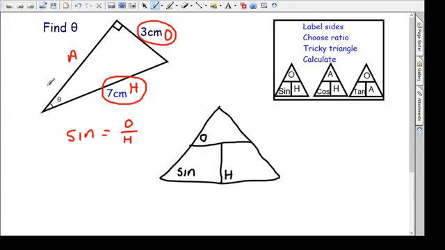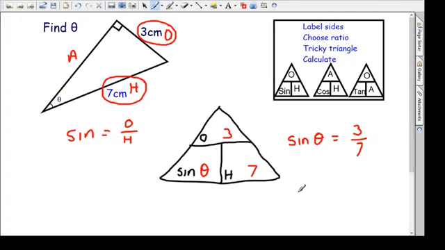So this time the angle part is this strange symbol here. We call that theta. So we write sine of theta. The O is 3 and the H is 7. So we read that off the tricky triangle just exactly like it is. So I've got sine of theta is equal to 3 over 7.